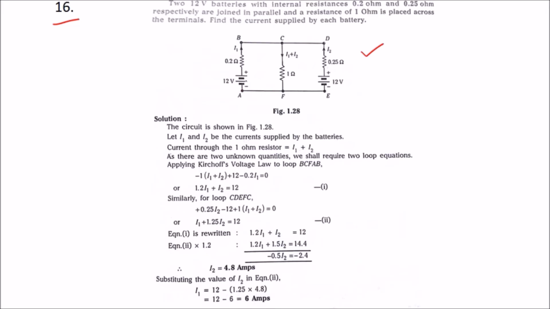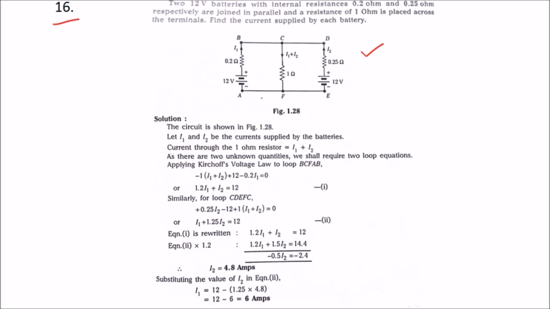So here we have two batteries of 12 volt, and one has an internal resistance of 0.2 ohms and the other 0.25 ohms, and a 1 ohm resistance is placed across the terminals. So we have to find the current supplied by each battery.